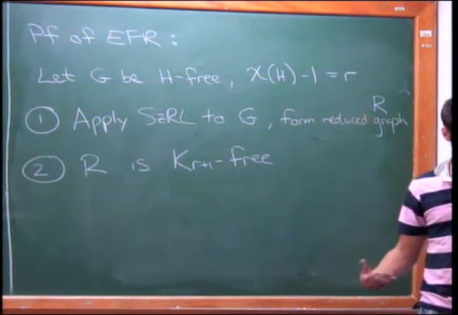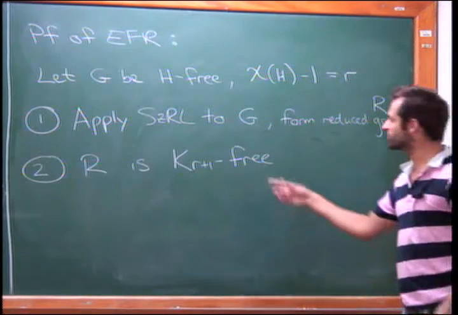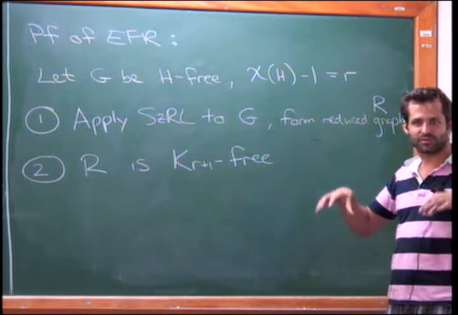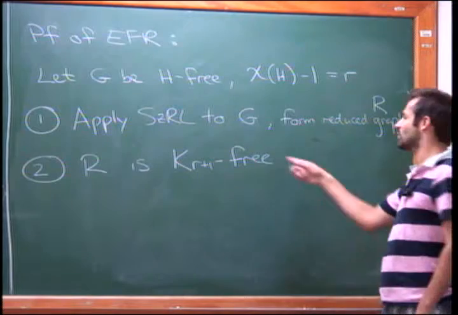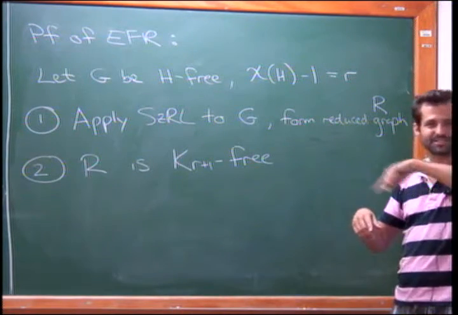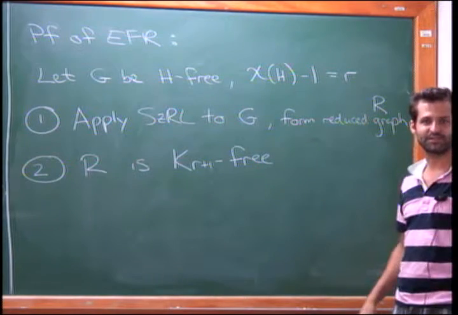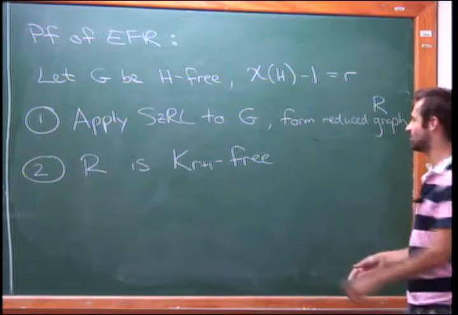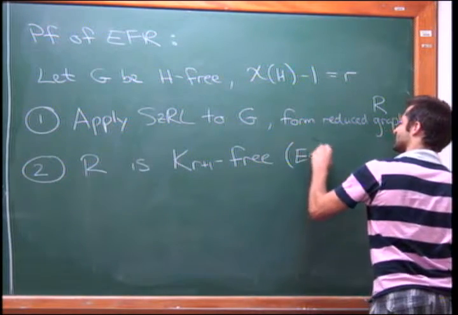If there's a K_{r+1} in your reduced graph, then we can use a slicing lemma to find a copy of H, where all the edges correspond to epsilon-regular pairs of density at least delta, and then we can find a copy of H in G by the embedding lemma.